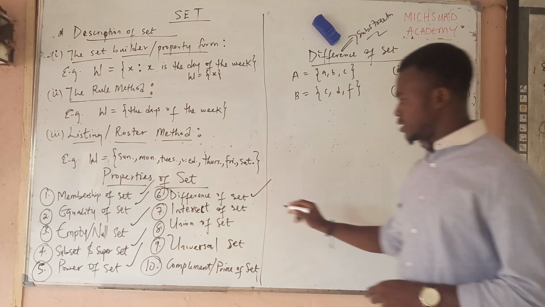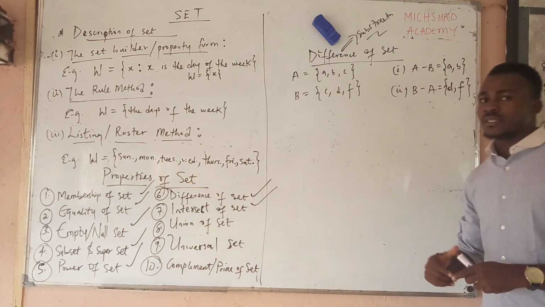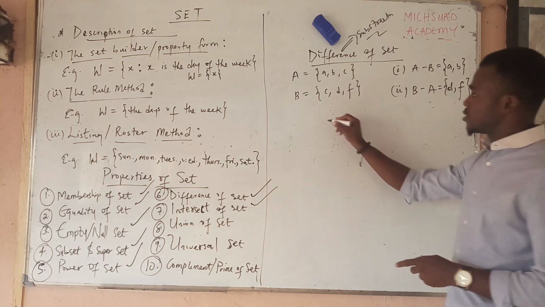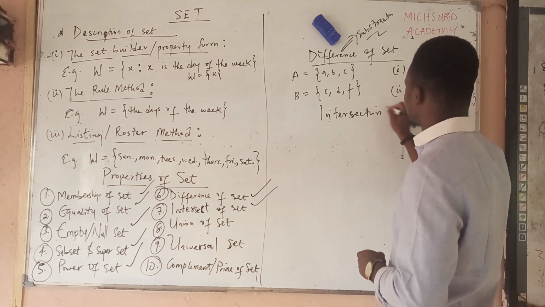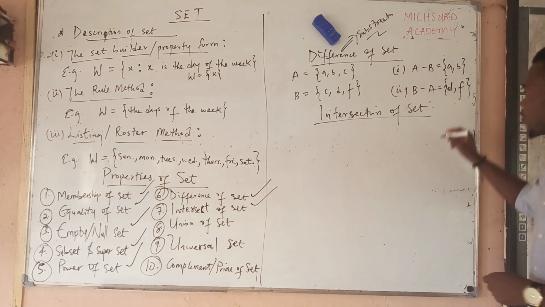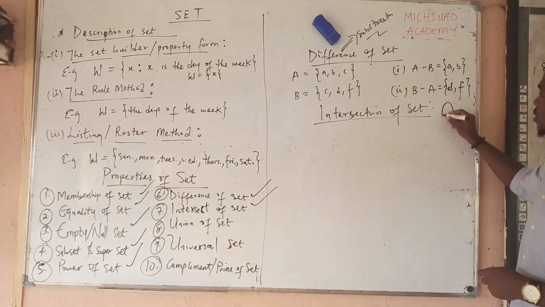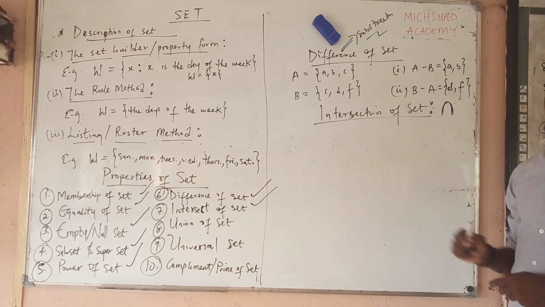Now the next is the intersection of a set. We can look at it as the intersection of sets. Now we use this symbol, like an upside-down U, to represent the intersection of a set.